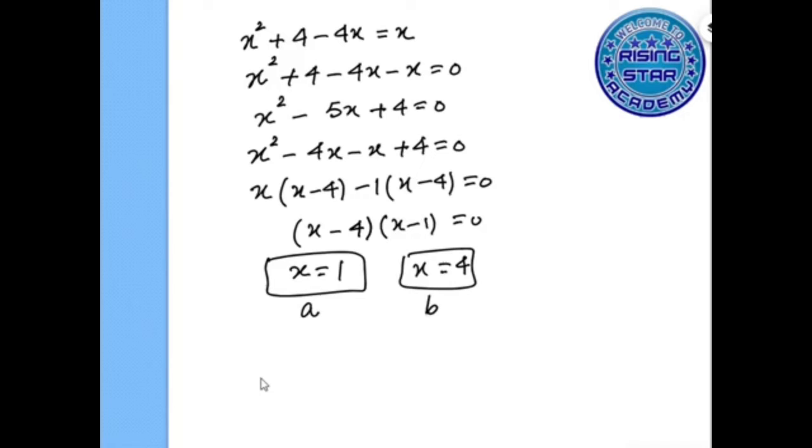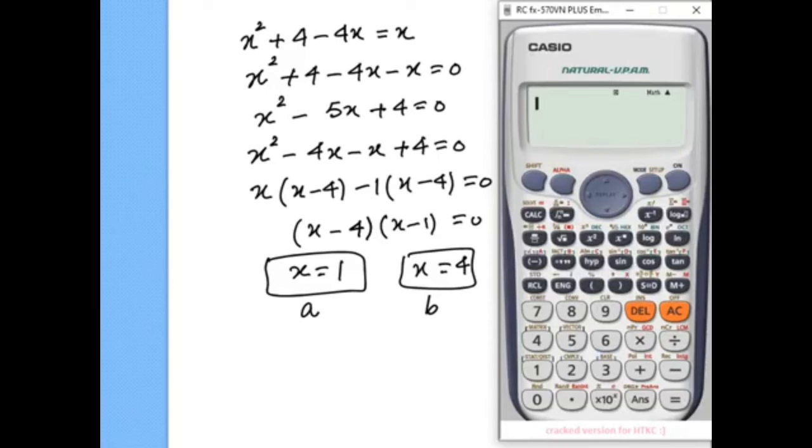We can also use the calculator to find the x value by solving the quadratic equation on the calculator. Let me show you. We will solve the quadratic equation on the calculator. Mode, we have a 5-number function, so press 5. And then on third number, we have a quadratic equation, so you will press number 3. Now we have the quadratic format.